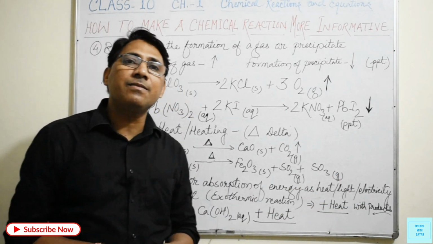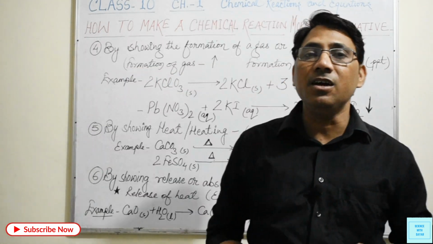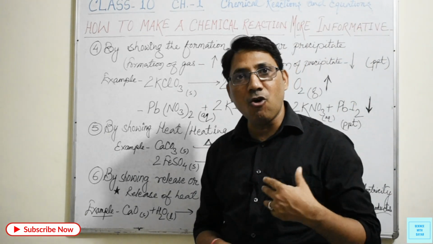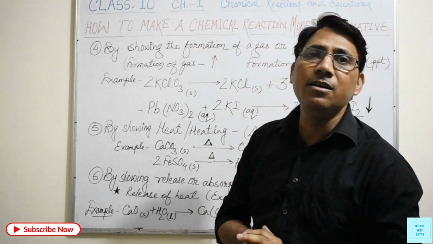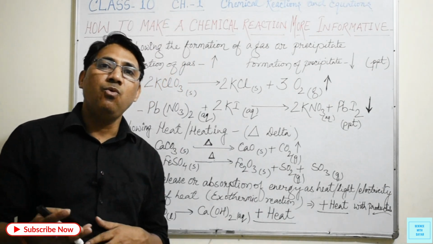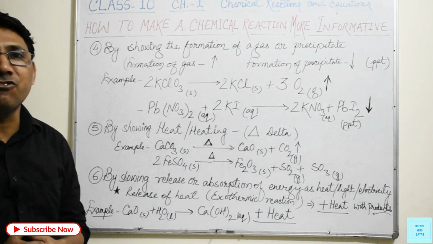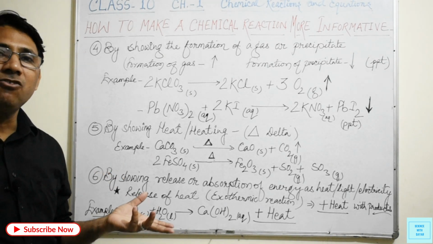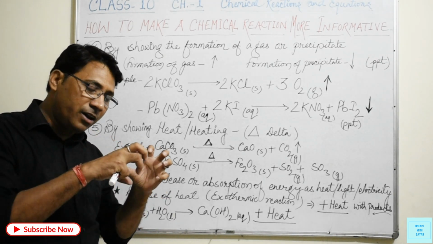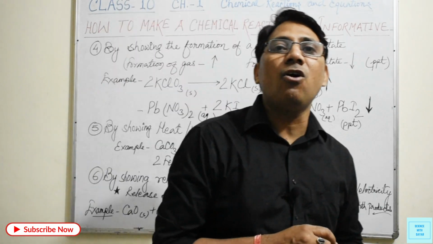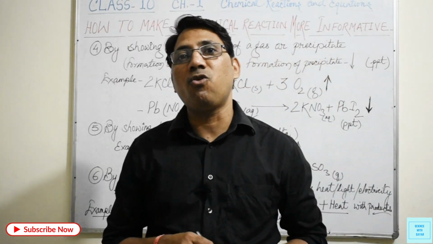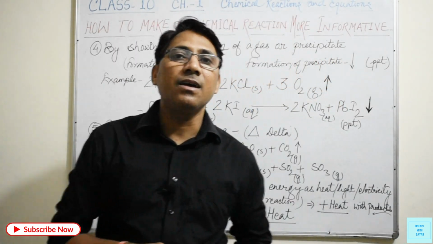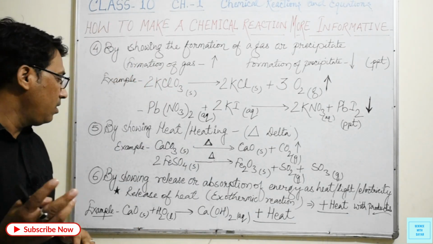In some chemical reactions, heat can be absorbed or heat is needed to complete the chemical reaction, or during a chemical reaction heat can also be released. So this release or absorption of heat is also shown in the chemical reaction to make it more informative.